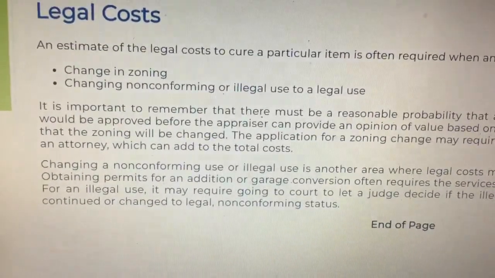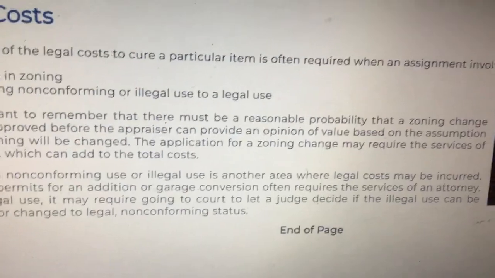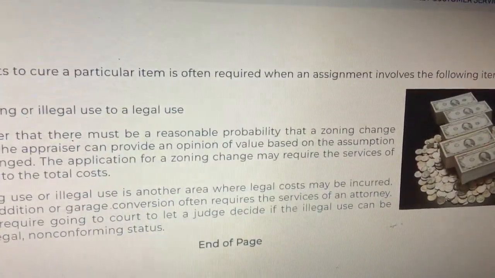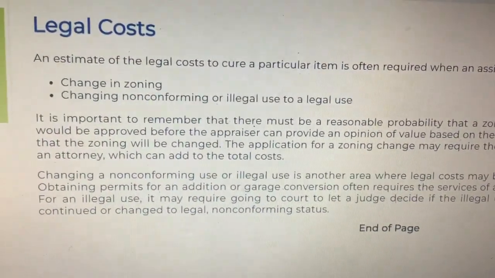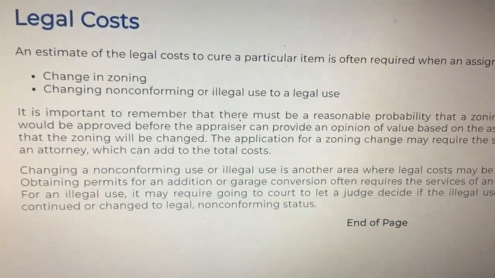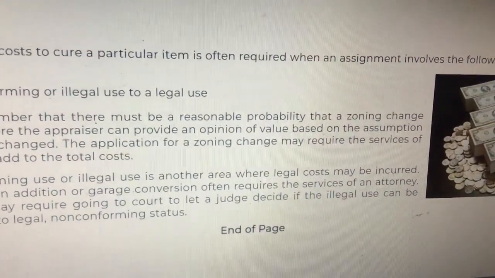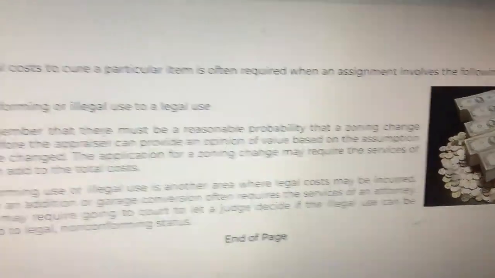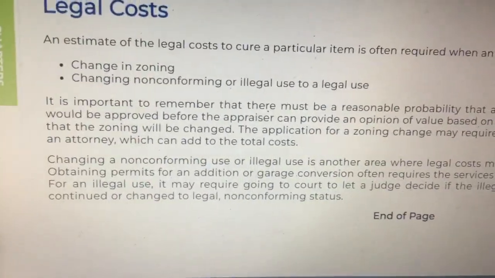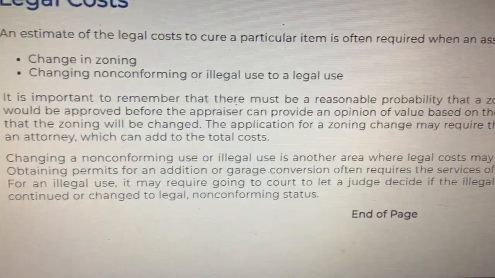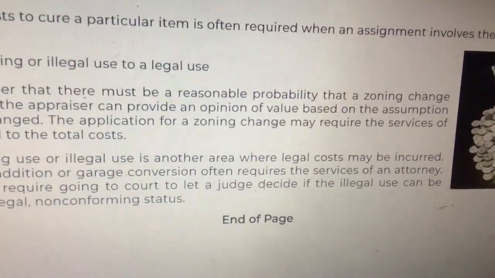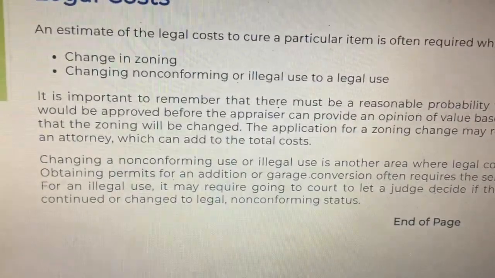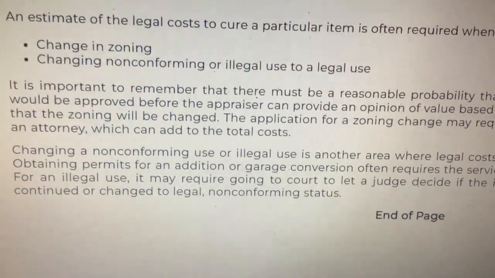It is important to remember that there must be a reasonable probability that a zoning change would be approved before the appraiser can provide an opinion of value based on the assumption that the zoning will be changed. The application for a zoning change may require the services of an attorney, which can add to the total costs.